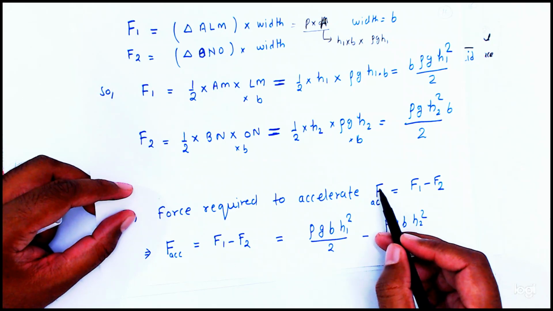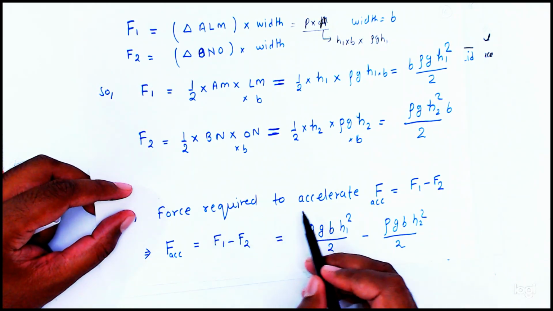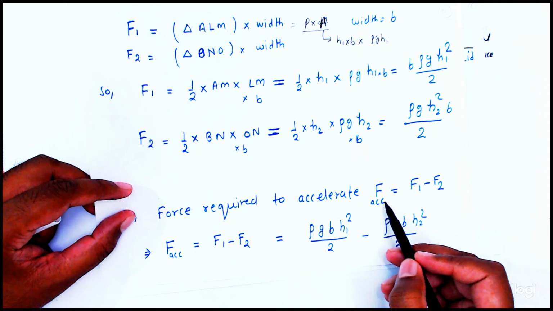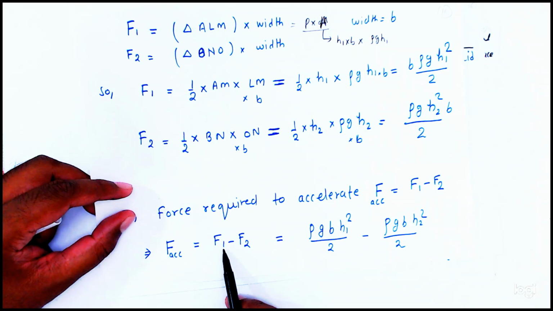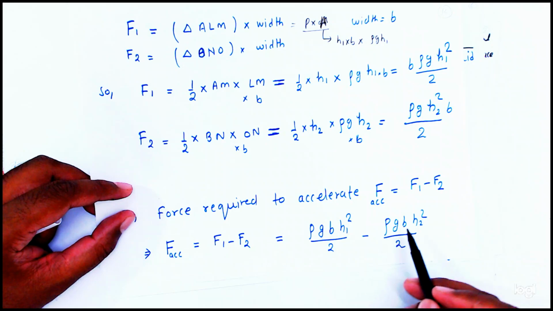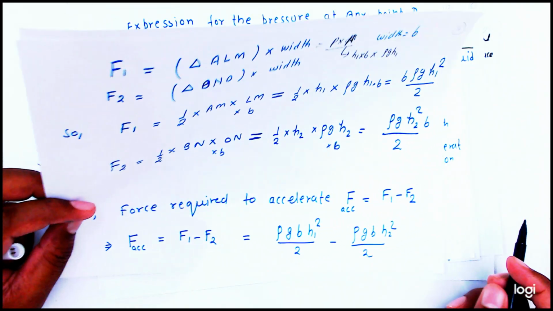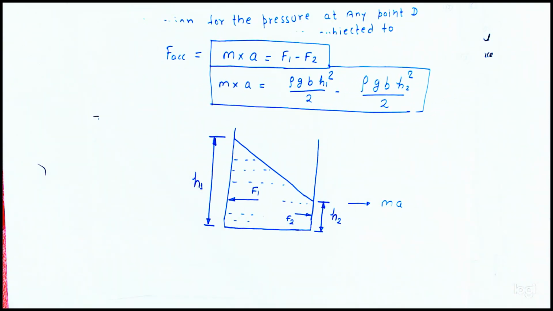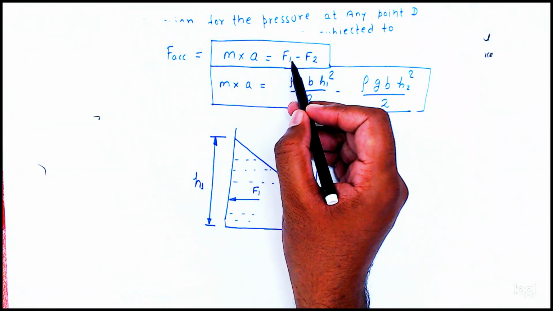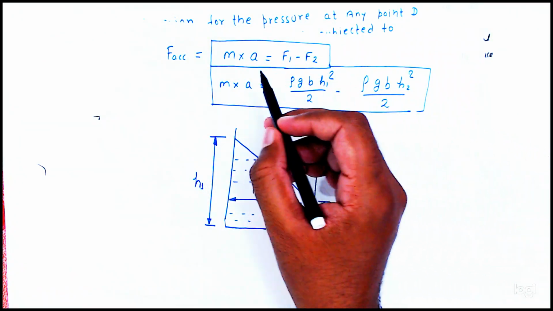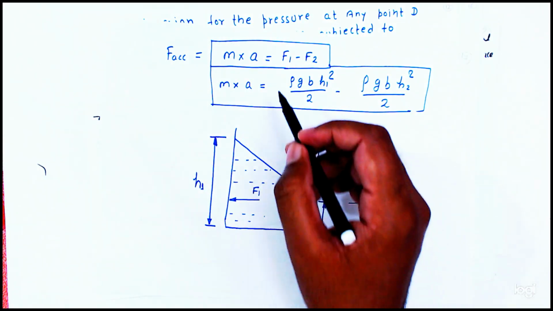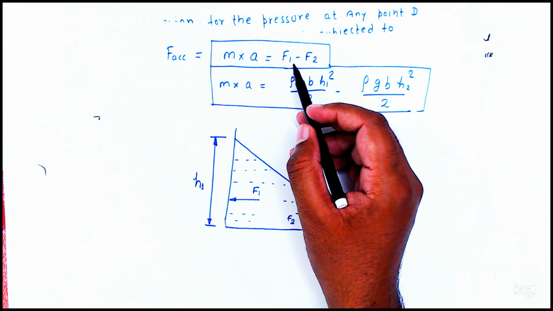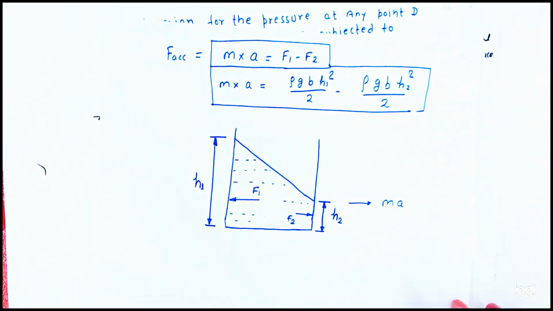So F acceleration, the force required to accelerate, is equal to F1 minus F2, equal to rho G B H1 square by 2 minus rho G B H2 square by 2. Or from here, mass into acceleration is equal to F1 minus F2. It will give the same value. Whatever mass into acceleration is there, the same thing it will give by F1 and F2. So this is the accelerating force.